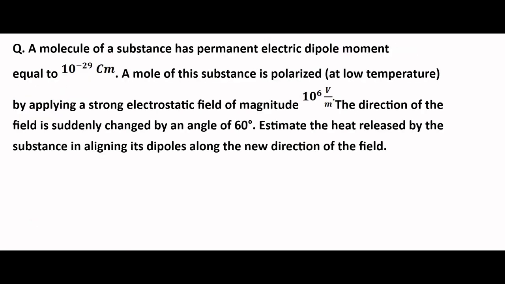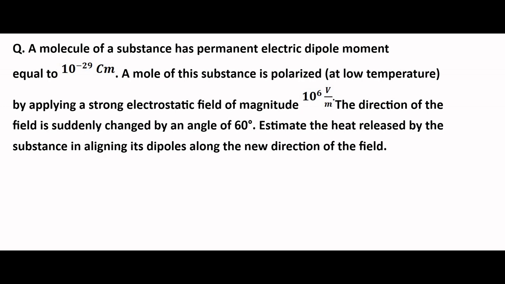So here is another question on electric dipole. It is given that a molecule of a certain substance has a permanent electric dipole moment equal to 10 to the power minus 29 coulomb meter. A mole of this substance is polarized.